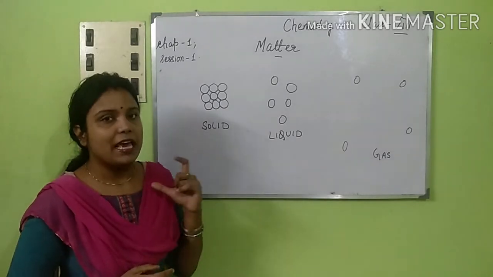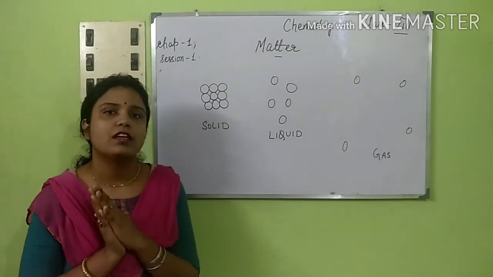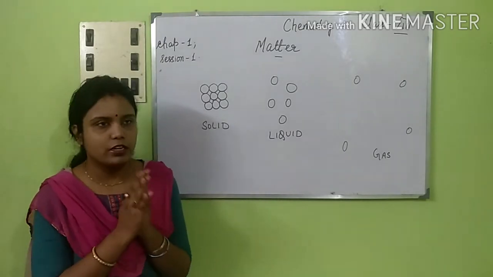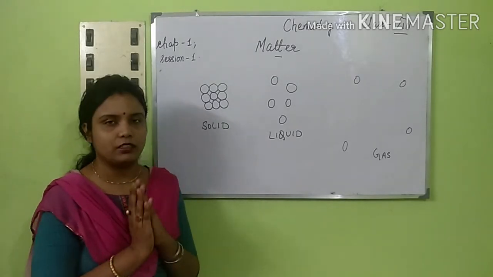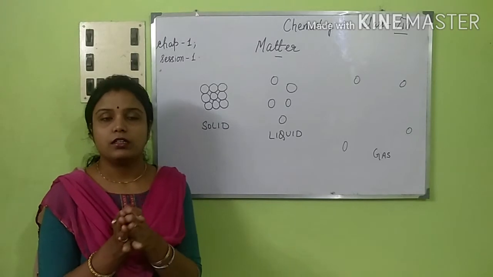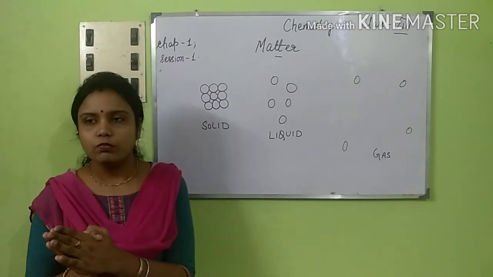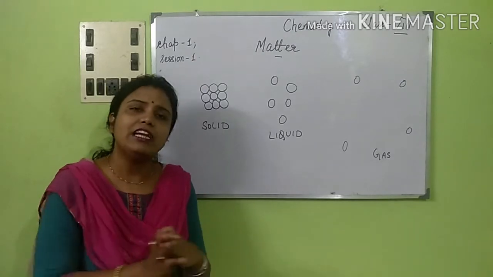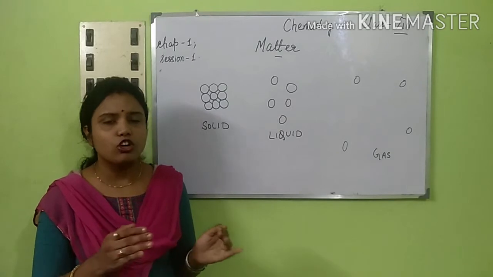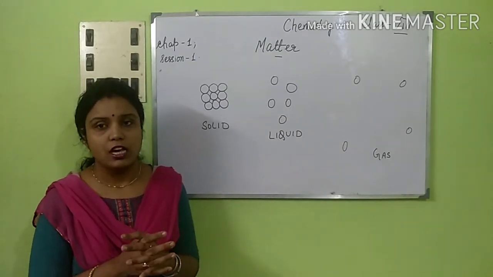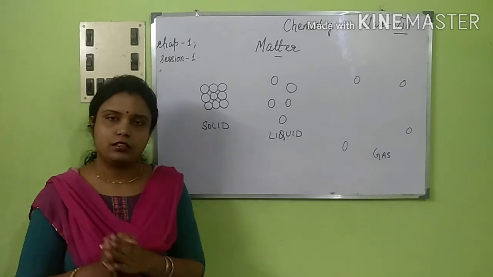For example, atoms of hydrogen will be similar to each other. The atoms of nitrogen will be very different from the hydrogen atoms. So all the atoms of different elements are different from each other, but for a particular element, atoms will be all alike.